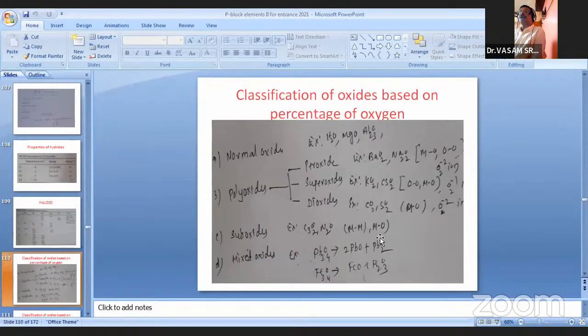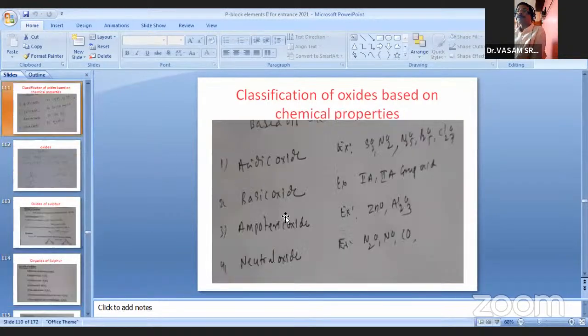So these are the classifications of oxides based on percentage of oxygen. Directly 4 types, but indirectly 6 types. Directly 4 means normal, poly, sub, mixed; indirectly 6 types of oxide are covered. Now come to the second classification, based on the chemical properties, the nature of the compounds.